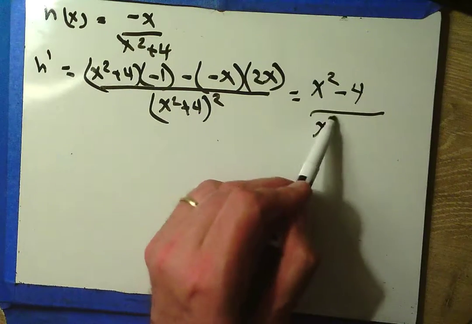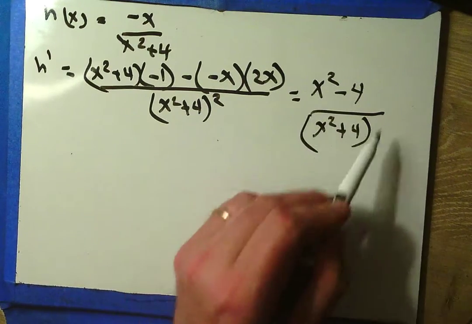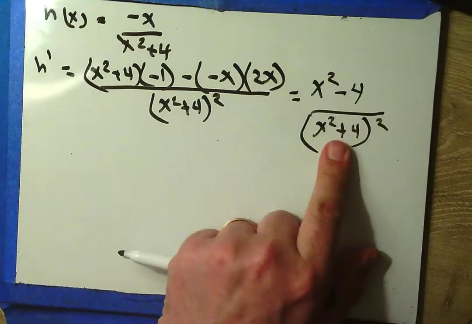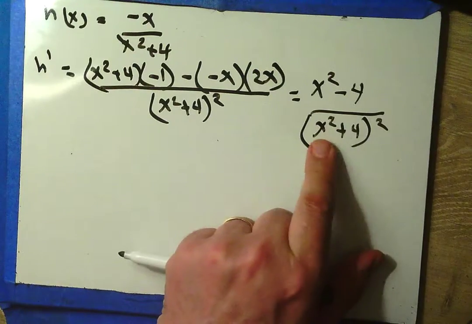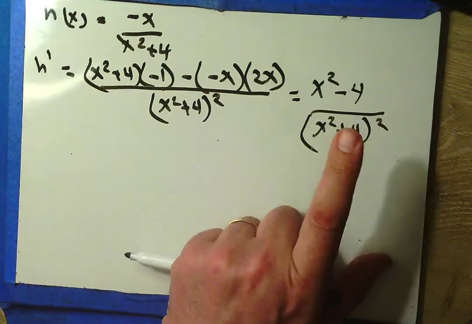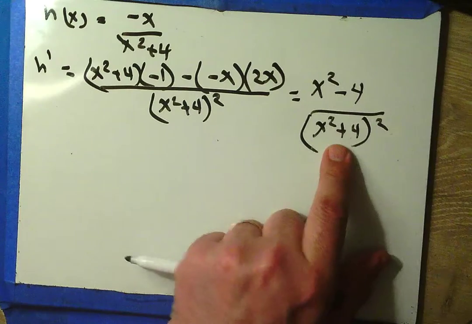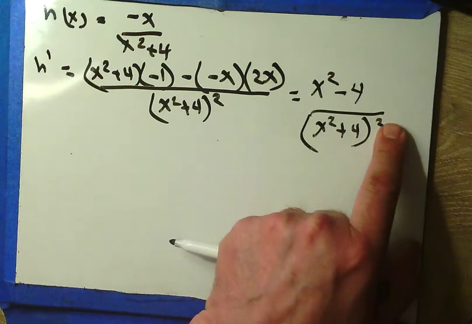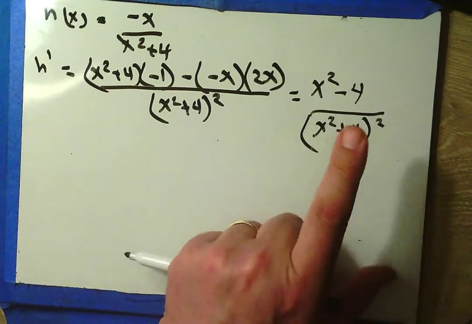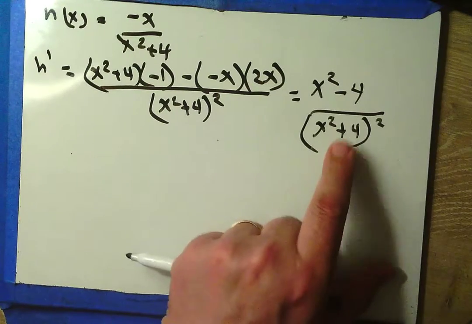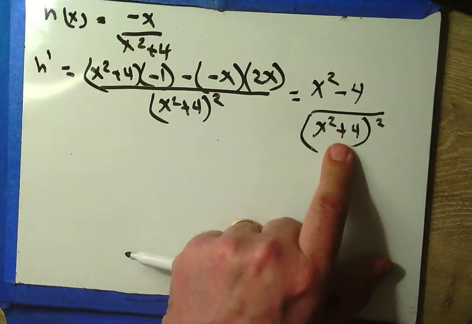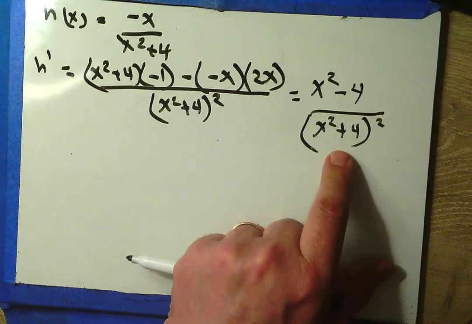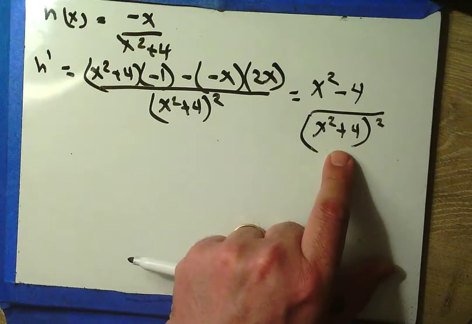And on the bottom, x squared plus 4 squared. Okay, so this is always positive. It's a parabola shifted up 4, and then just if you didn't believe that was always going to be positive, we're going to square it anyway, and so it's really always going to be positive down here. This is never equal to 0. This is always positive, so the derivative h prime is never undefined.